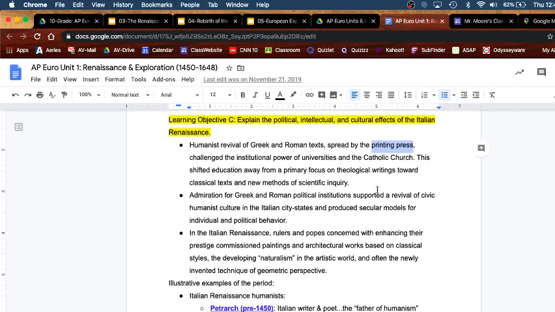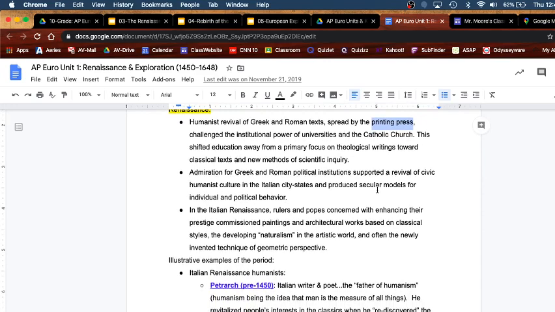They start to break away from just studying church stuff and a primary focus on theological writings towards classical texts. By studying classical texts, people start to look at the world differently. Instead of just seeing things through the eyes of the Catholic Church or Christian doctrine, they really start to change things.